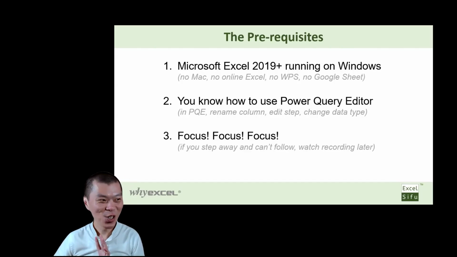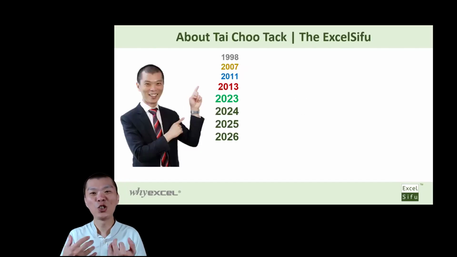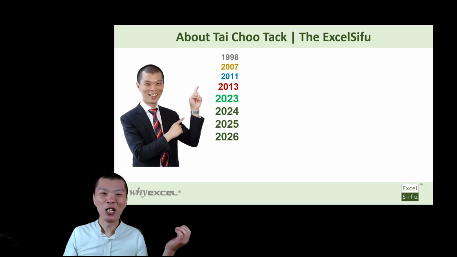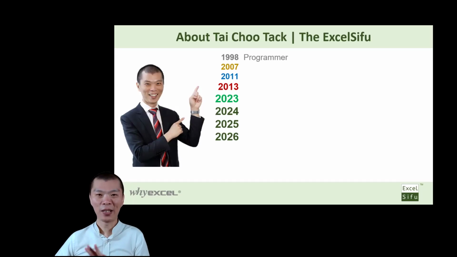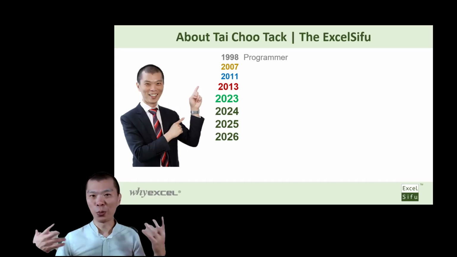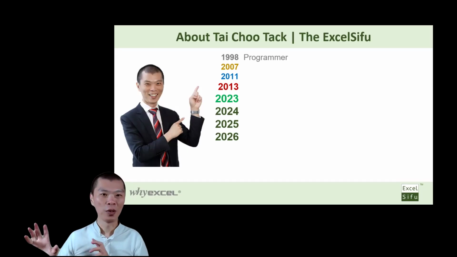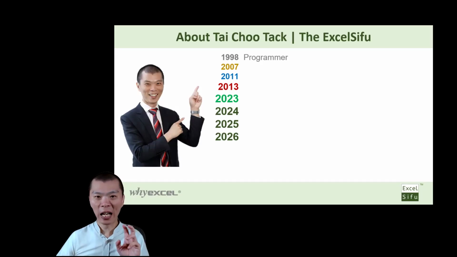So that's my intention. I want to give a quick intro about me. My full name is Tai Chu Tak, and some people call me Excel Sifu. That was a name given by a music composer. I was a programmer back then, so I'm quite comfortable with programming and some automation. Macro, VBA, all these things, I'm quite comfortable.